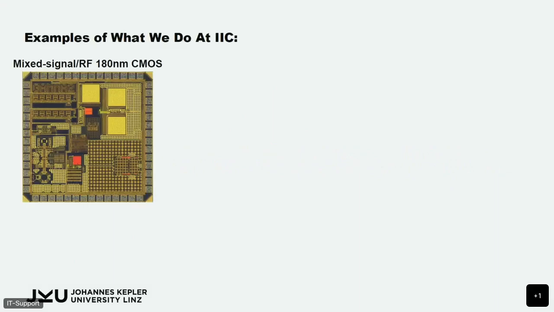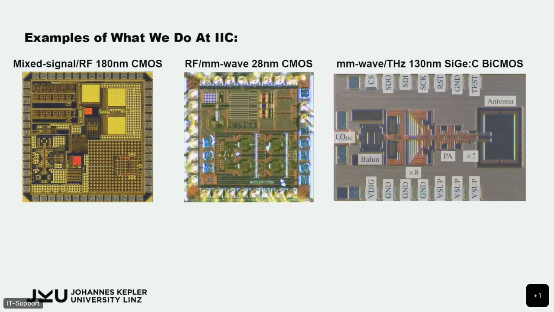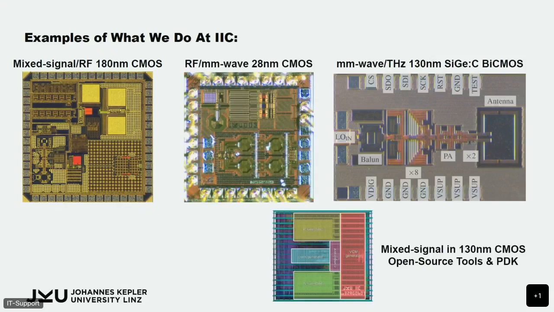So maybe some background on what we also do at my institute. We have a broad range of activities. We do mixed signal RF in 180 nanometer CMOS. We're also doing RF millimeter wave in 28 nanometer CMOS, and even reaching into the 300 gigahertz area in a very well-known process. That's actually your G2. So this line is all commercial, with closed source, commercial tools, but lately we're also doing things like this.